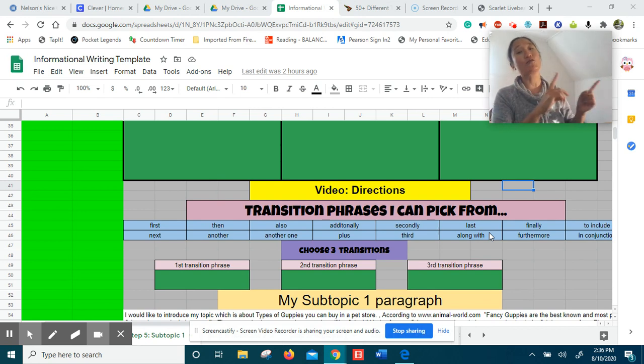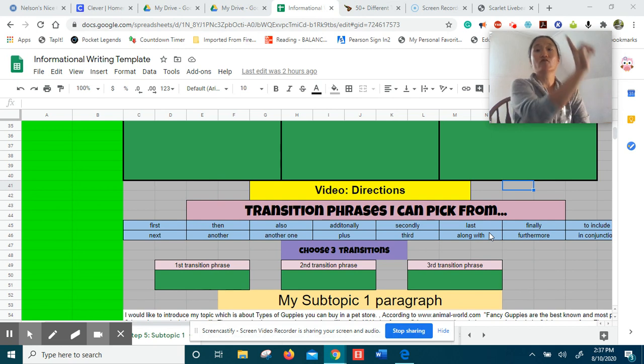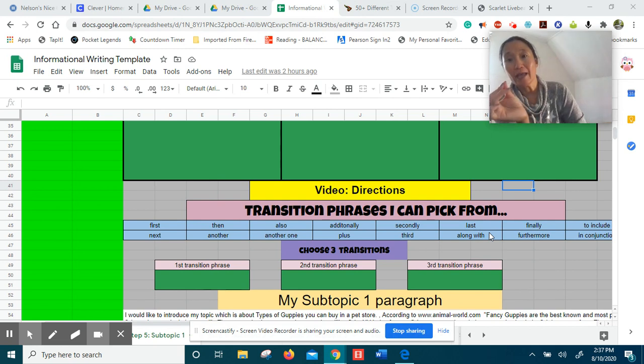And because I talked about three different separate facts about types of guppies, I also have to tie those facts in to one thing. But again, I have to weave it with transitions because I'm moving from common guppy, then I'm moving over to Endler guppy, and then I'm finally to the swamp guppy.